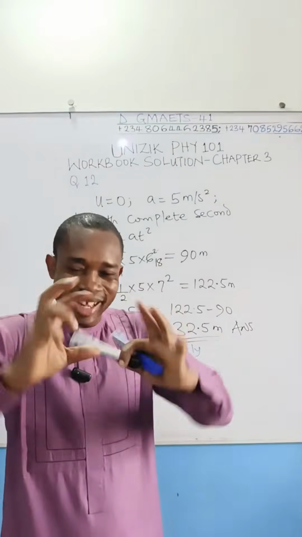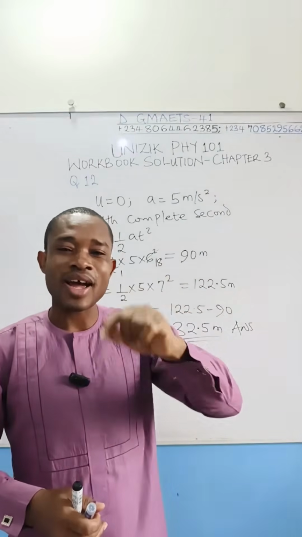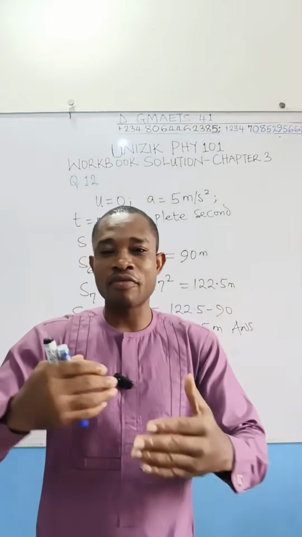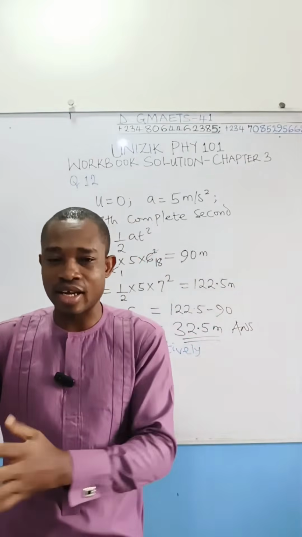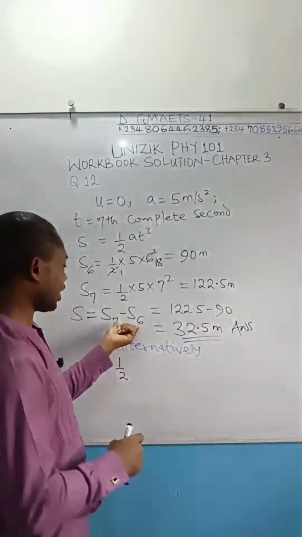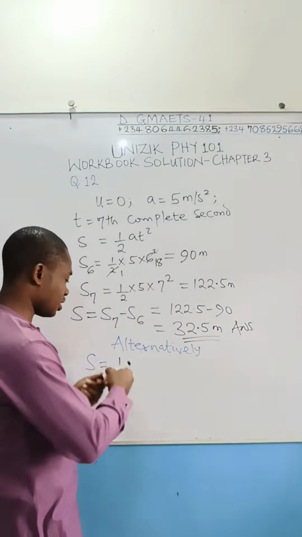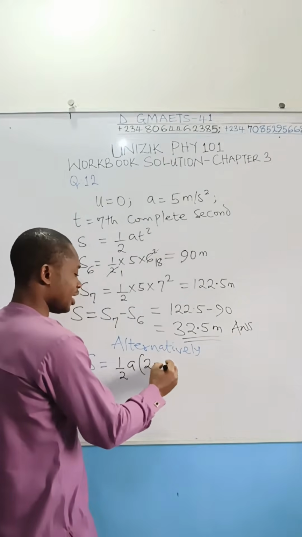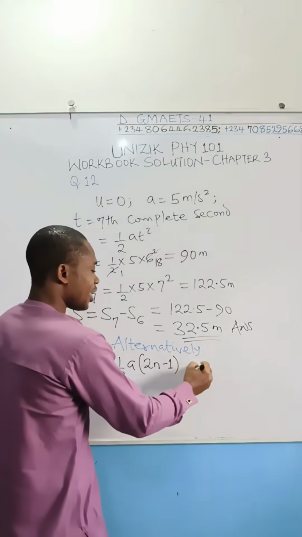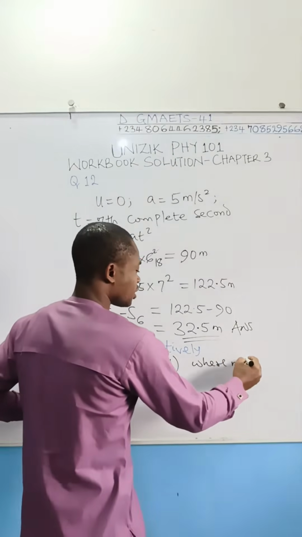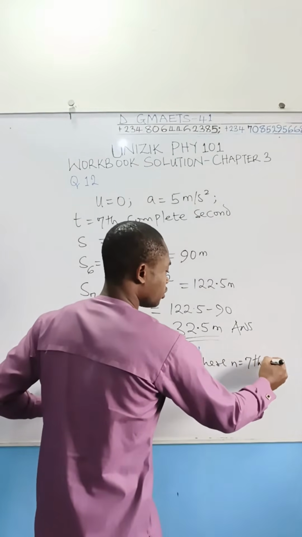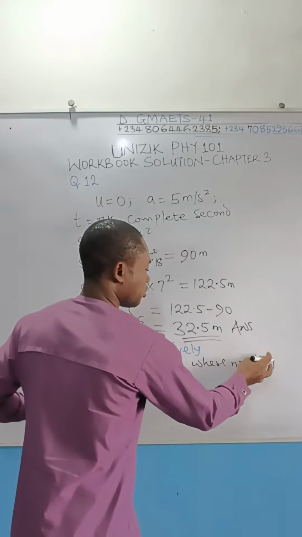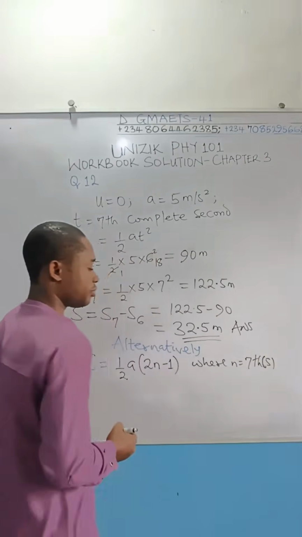When we come to the time, we're going to multiply the time given by 2 and subtract 1. That takes care of the back 6 seconds that we removed when I calculated for S7 and S6. So this is going to be 1/2 times a, then bracket 2N minus 1, where N is equal to the 7th second.